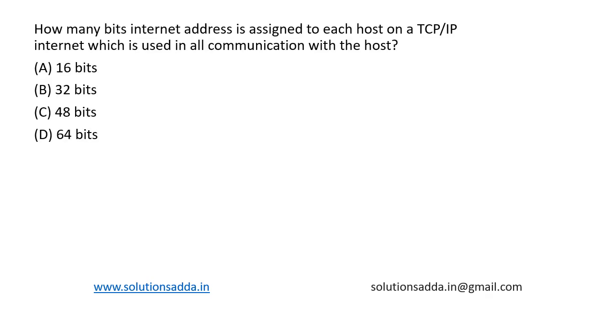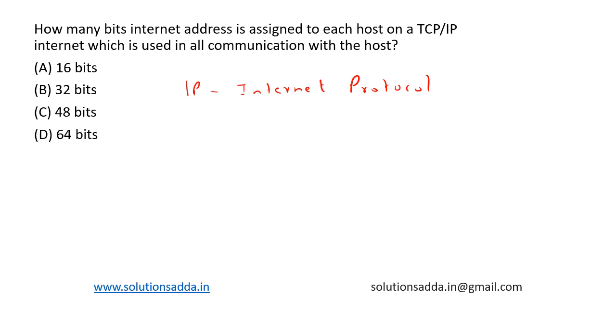This is a question from computer networks. How many bits internet address is assigned to each host on a TCP/IP internet, which is used in all communication with the host? So, IP stands for Internet Protocol. It is a unique address that identifies each device connected to the internet, and it uses Internet Protocol for communication.